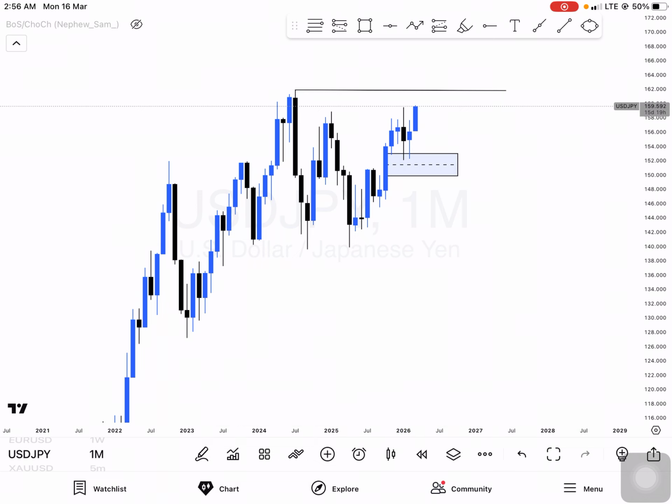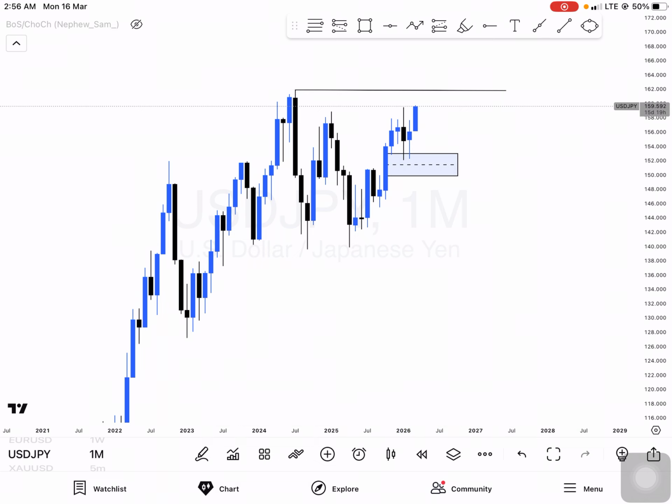Let me zoom in for you to see it clearly. You can see that the market closed above the high, which means we have now broken another high to the upside. So all we got to be doing here is looking for buying opportunities, no matter what the market is presenting to us.